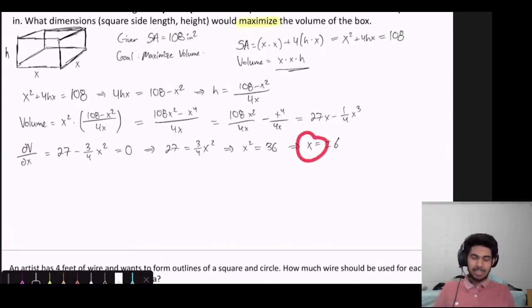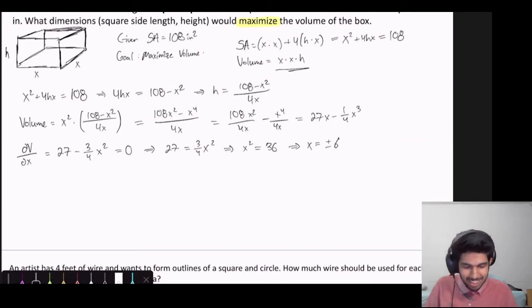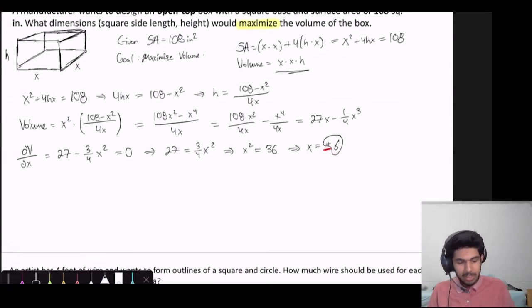What is x? X we define to be our base side length. So can x be negative 6? No, because we can't have a negative length. That just doesn't make any sense. So we're going to get rid of that minus sign, and we'll say that x can only be positive 6. So we have the base side length. Now we need to find the height as well.